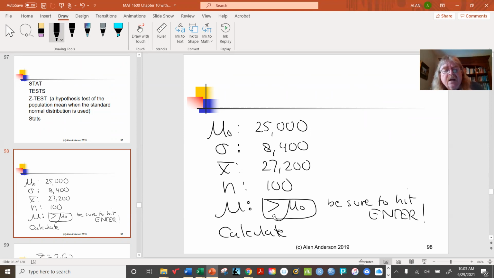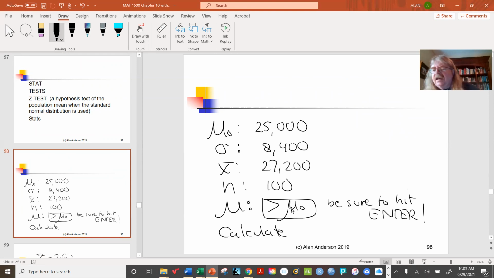Now, down here at the bottom, there's a menu where they offer you the chance to choose between a two-tail test, a left-tail test, and a right-tail test. Now, you have to be careful with this one. You go over to the one you want with the arrow key, but when you get there, hit the enter button to make sure it knows which one you want. Without enter, it may not understand what you're doing.